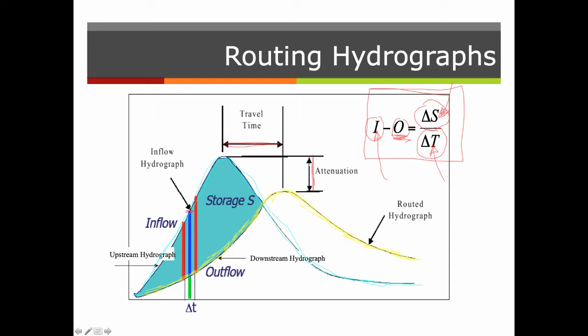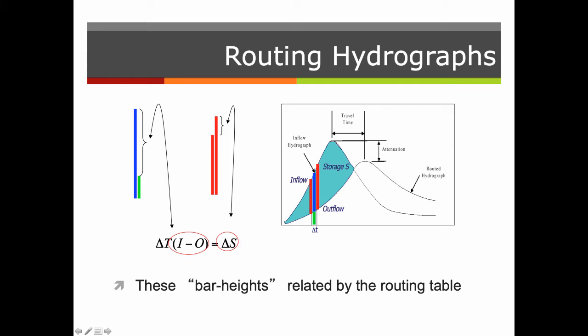So this equation rearranged: outflow equals delta S over delta T minus inflow. So this cartoon is depicting what I just did in the drawing.